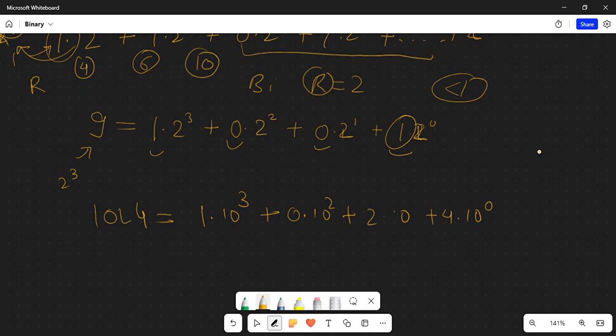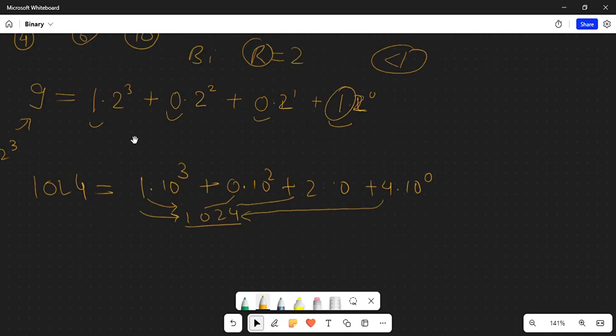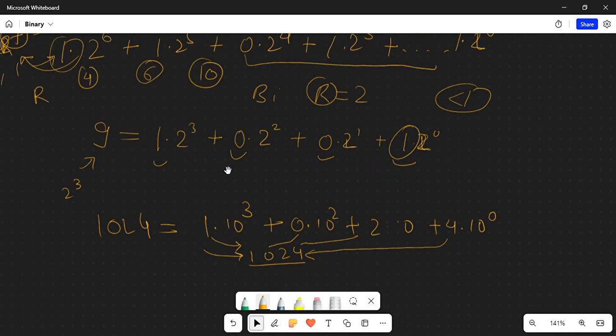What we are writing down here is 1024, which comes from these. So we'll do the same thing here: 1001. This is how we write it.